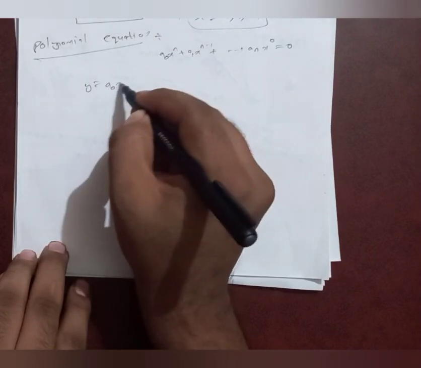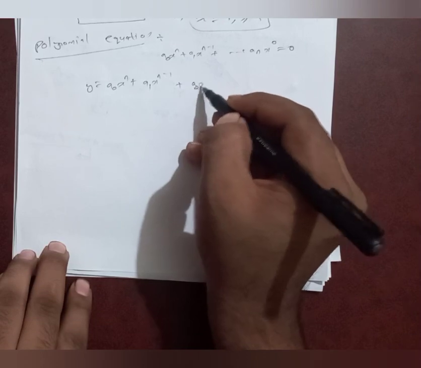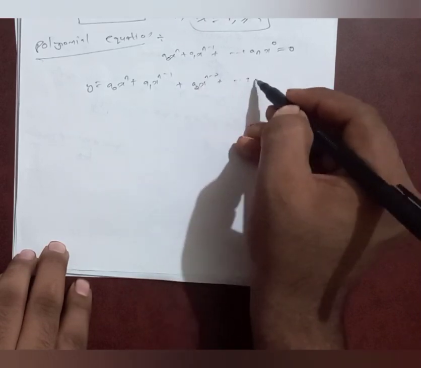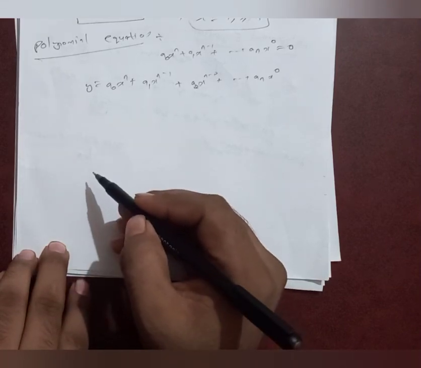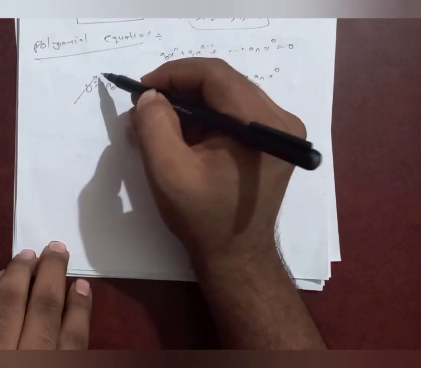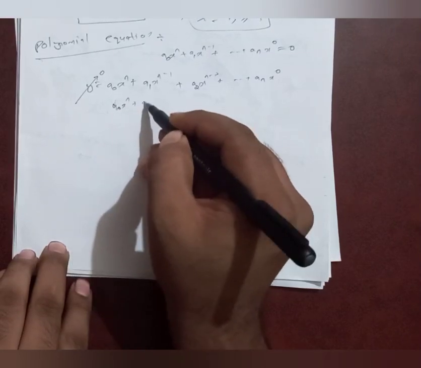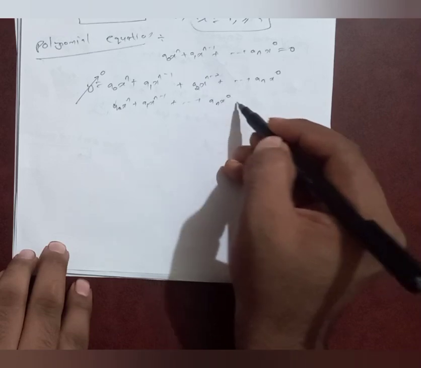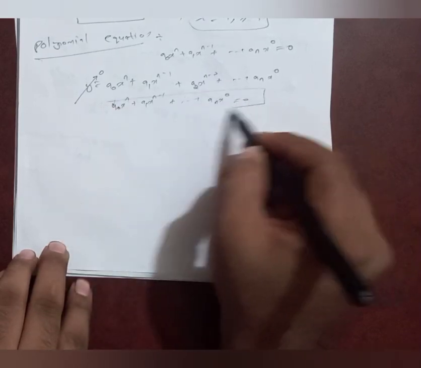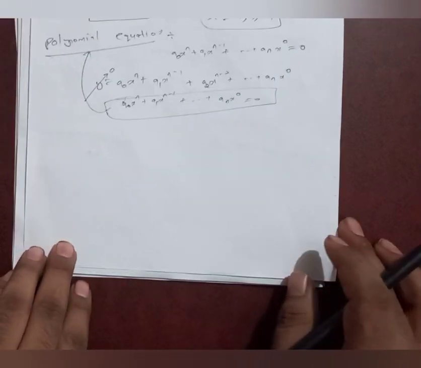That is, in the polynomial y = a0 x^n + a1 x^(n-1) + a2 x^(n-2) up to so on an x^0, when the output is 0, the equation is known as a polynomial equation. So this general equation is nothing but a polynomial equation.